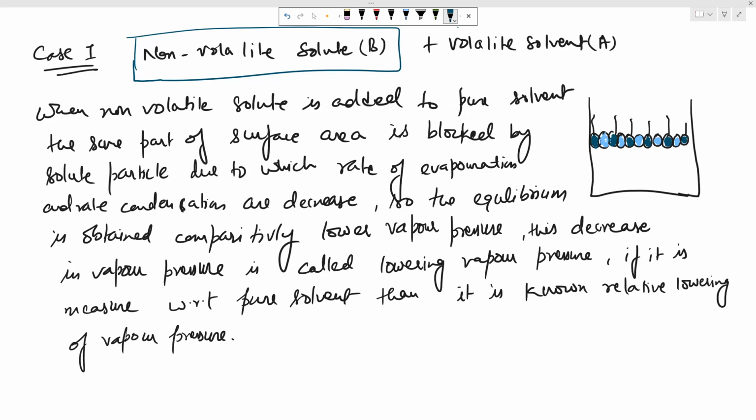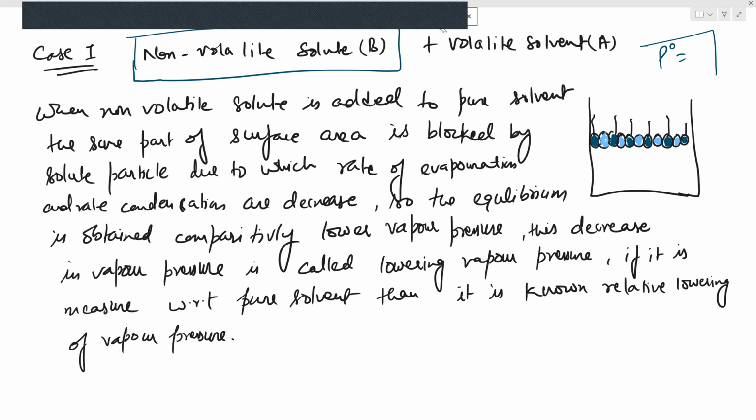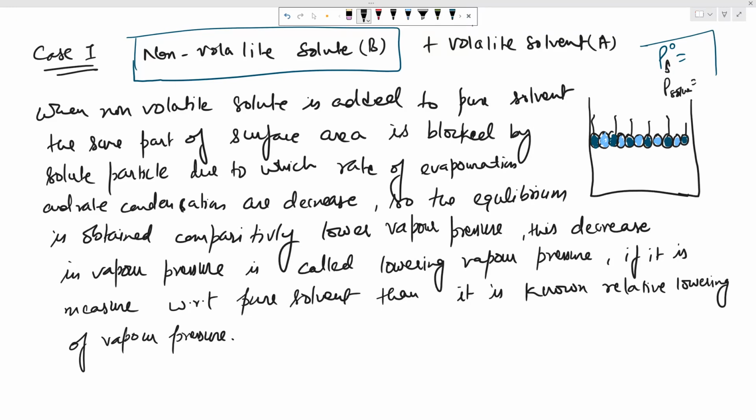Let us consider that the initial pressure is P naught, the pressure in the pure state. Or you can consider that the initial partial pressure is 2 atm, 3 atm, whatever it is. After you add some non-volatile substance, the partial pressure of the solvent will decrease.